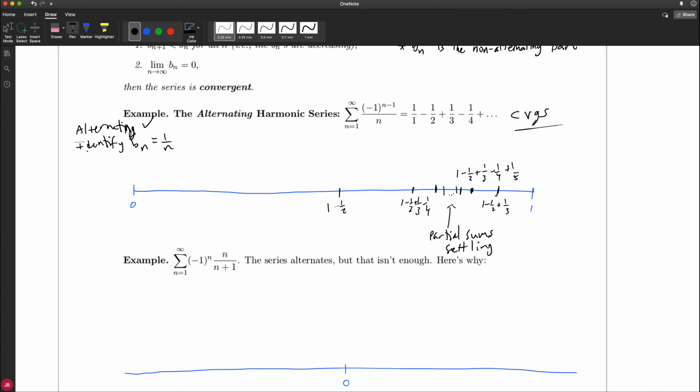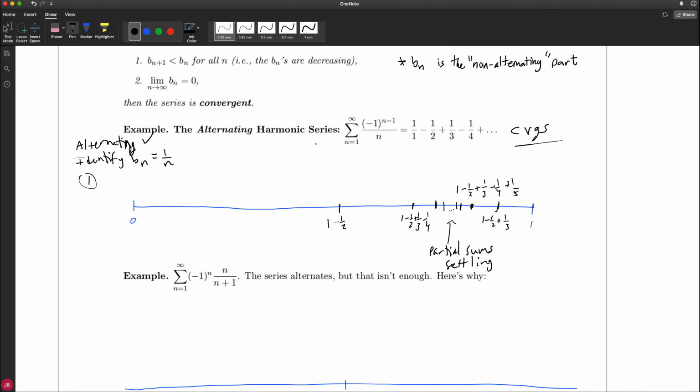Now, once you have identified those two things, you first have to show that the Bn is decreasing. We're going to kind of wave our hands over that. As long as it's clear, you notice 1 over n is always getting smaller as the n value increases. So we're just going to say 1 over n is decreasing. And part 2 says you have to show that the limit as n goes to infinity of 1 over n equals 0. Well, yes, that much should be clear.